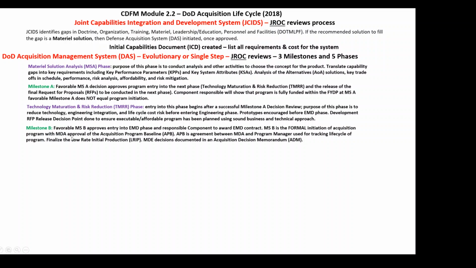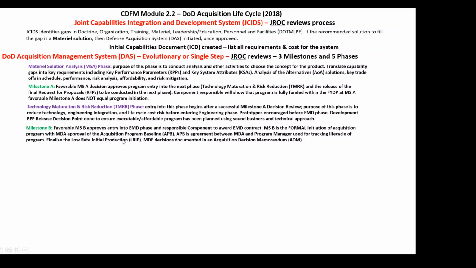It also finalizes the low rate initial production. So when we first start developing these things, we don't want to develop the whole fleet to find out it's not doing what we want it to do. So we've established in the beginning a number. What's the low rate initial?